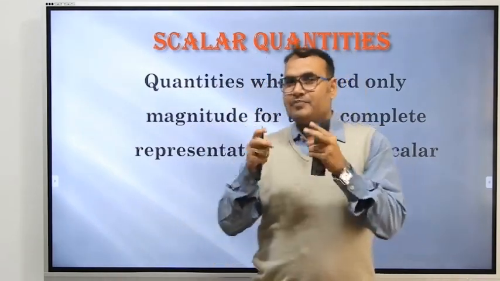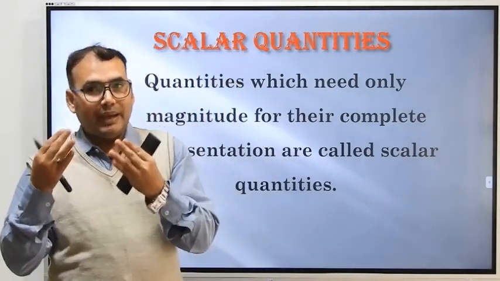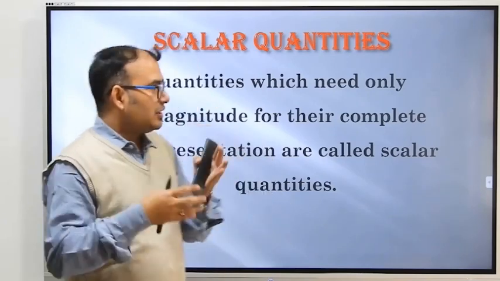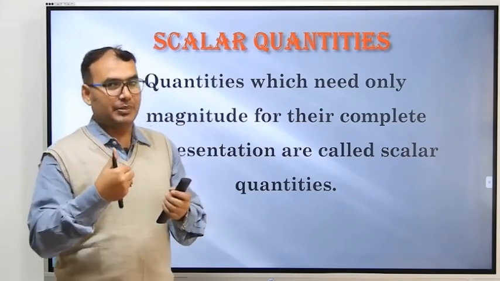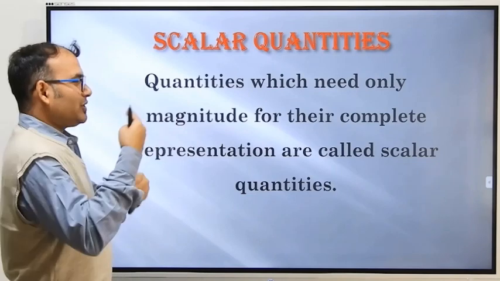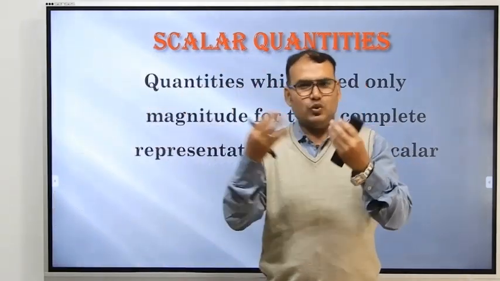Scalar quantities are the quantities which require only magnitude for their complete representation. I am repeating, the quantities which require only magnitude for their complete representation are called scalar quantities. Suppose I am trying to write mass. Suppose the mass of any body is 2 kg.